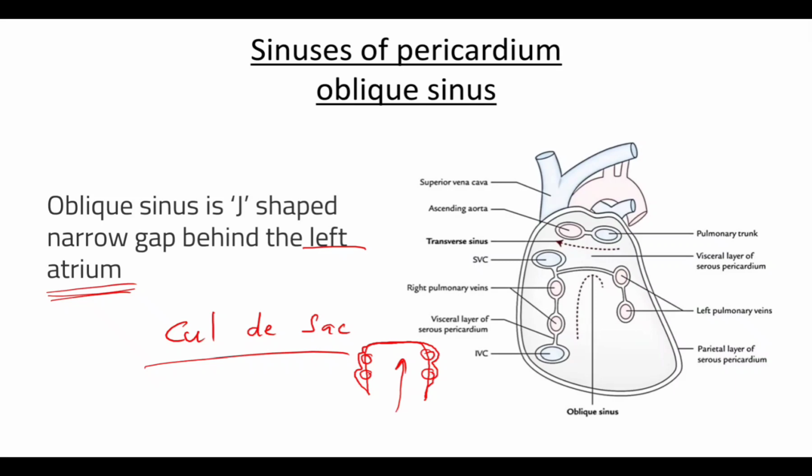So anteriorly we have the left atrium, posteriorly we have the parietal pericardium. On the right side, we can see the reflection of the pericardium on the right pulmonary veins. On the left side, we have the reflection of pericardium on the left pulmonary veins. Superiorly, you can see the reflection of the visceral pericardium along the right and left superior pulmonary veins, and inferiorly it is open. Okay.